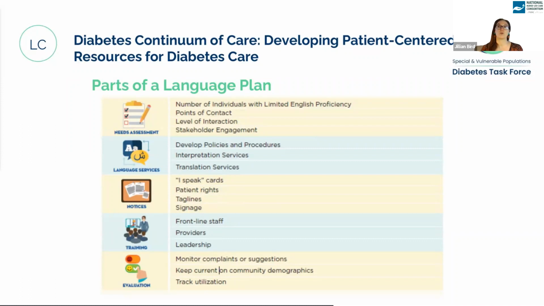You might also consider your stakeholder engagement. You might be asking for feedback from community-based organizations or patient satisfaction surveys, and that can all inform your needs assessment. The next part of the language plan is the language services themselves.